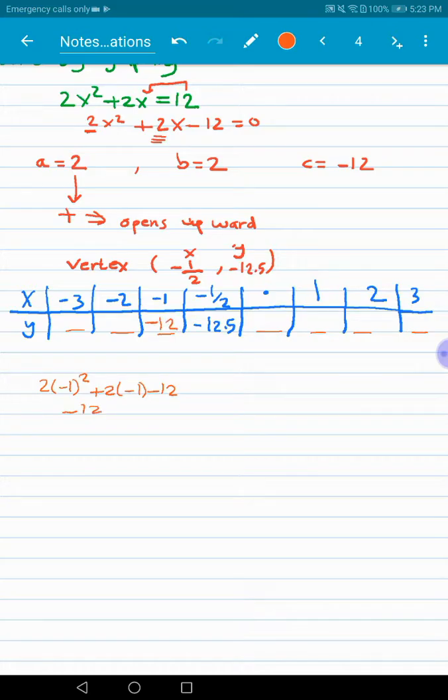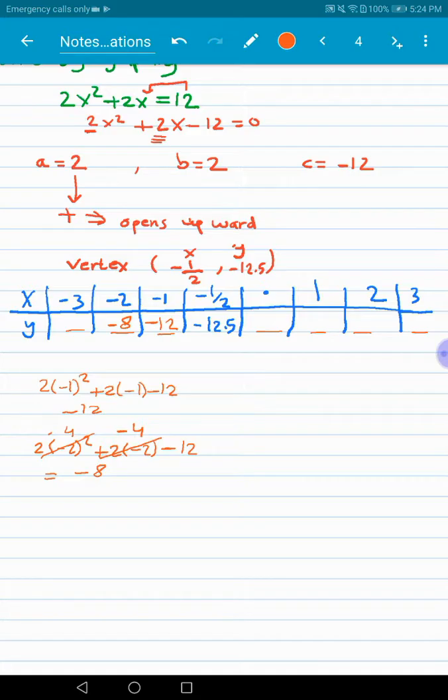Replace the minus 2. 2 times minus 2 squared plus 2 times minus 2 minus 12. This gives you 4, 4 times 2 is 8, 8 minus 4 is 4, minus 12 is minus 8. So this is minus 8.